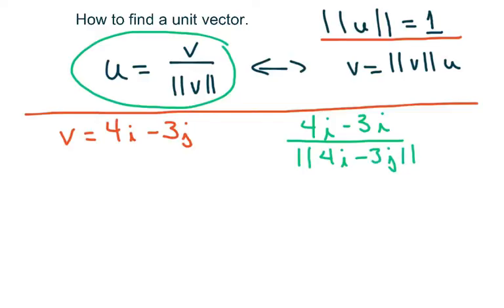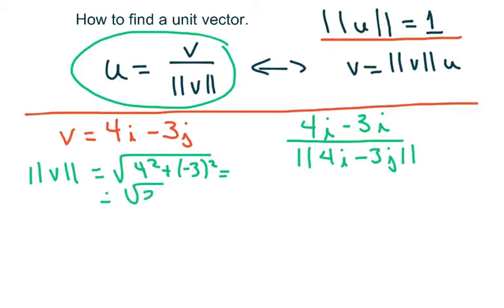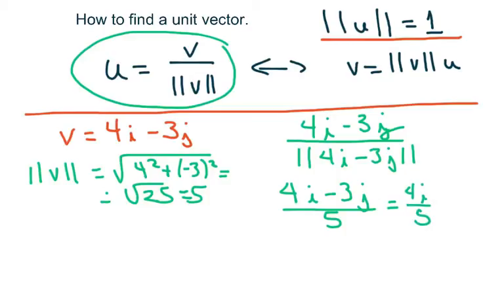Recall from the previous video, the magnitude is the square root of 4 squared plus negative 3 squared, which is 16 plus 9, the square root of 25, which equals 5. So our answer is 4i minus 3j, all over 5, or 4i over 5 minus 3j over 5.